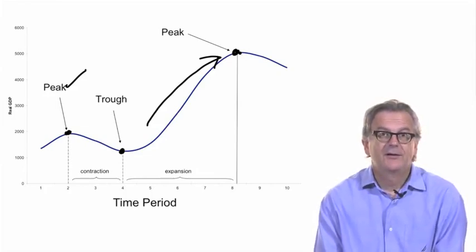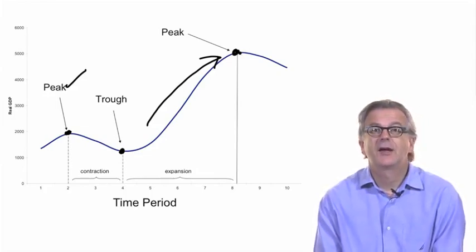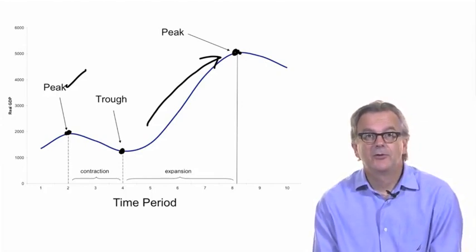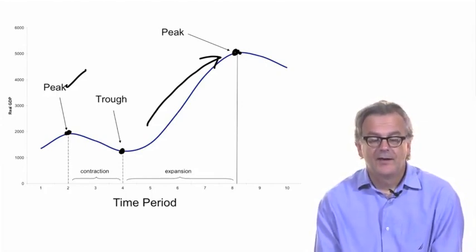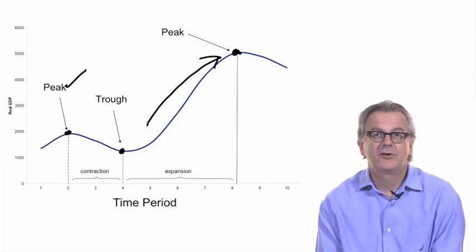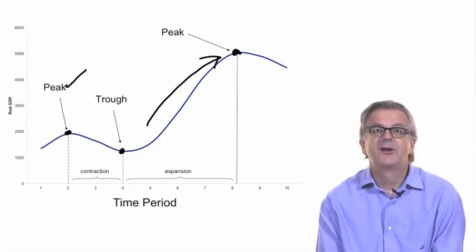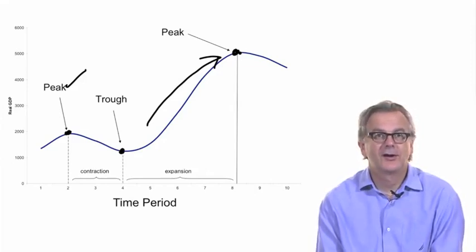Now, what this diagram illustrates is a characteristic of the real world business cycle, and that is the period of economic expansion, the period between the trough and the peak, is generally far longer than any period of economic contraction, the period between the peak and the trough.